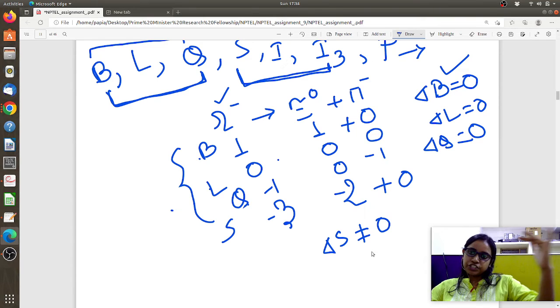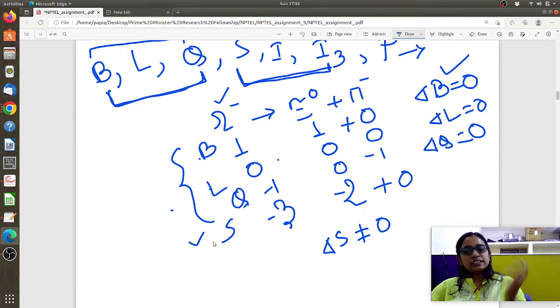In the very first table I mentioned that electromagnetic and weak interactions do not conjugate strangeness, but strong interaction should conjugate strangeness. So from this calculation we can conclude that this cannot be a strong nuclear interaction, because in strong nuclear interaction strangeness should be conjugate, but here strangeness is not conjugate. So it may be EM or weak.